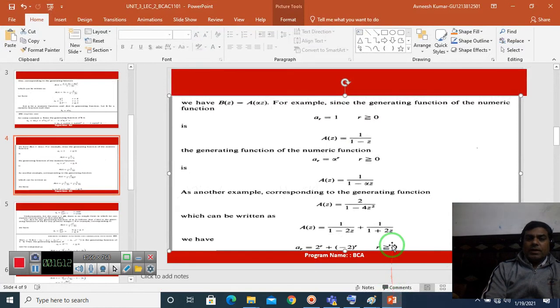Here we can see 1 upon 1 minus 2z and 1 upon 1 plus 2z. Now you should take the denominator up into the numerator, and expand these two series, and you will get 2 to the power r plus minus 2 to the power r.